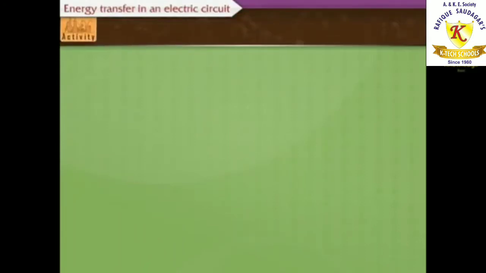So we will learn today energy transfer in an electric current. Let us perform an activity to understand the concept clearly.